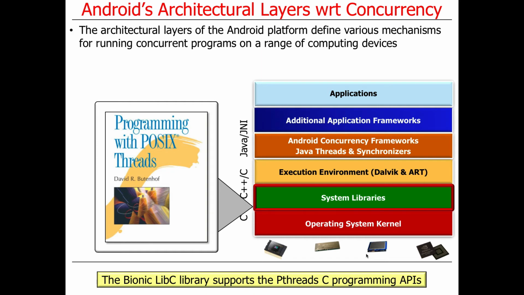Very efficient in the micro way, but tricky to program, but they're there. You would normally not write code like this unless you were to program with the NDK, the Native Development Kit, or perhaps, unlikely, but perhaps if you were programming with the JNI, the Java Native Interface.